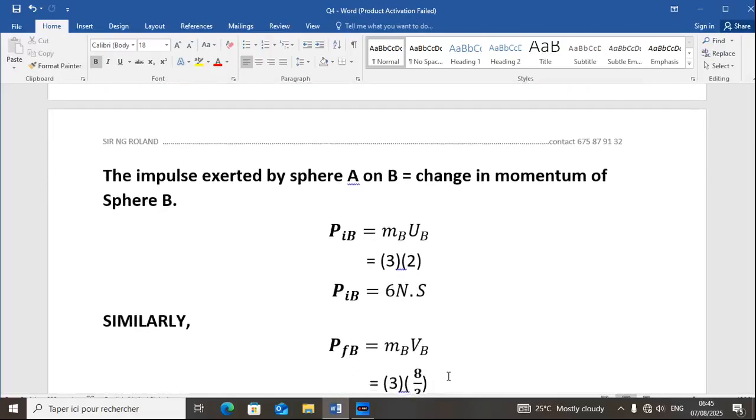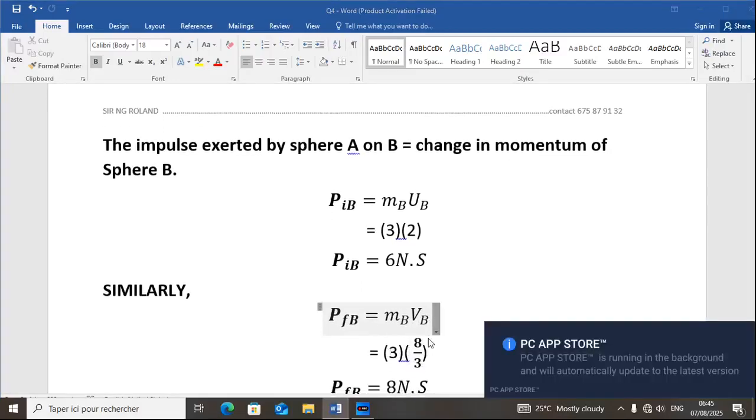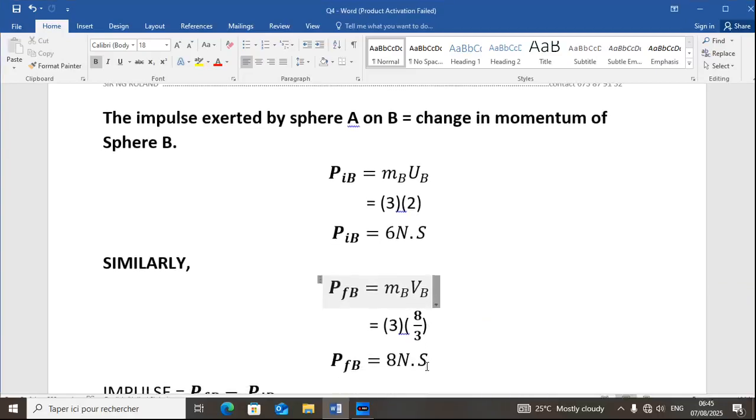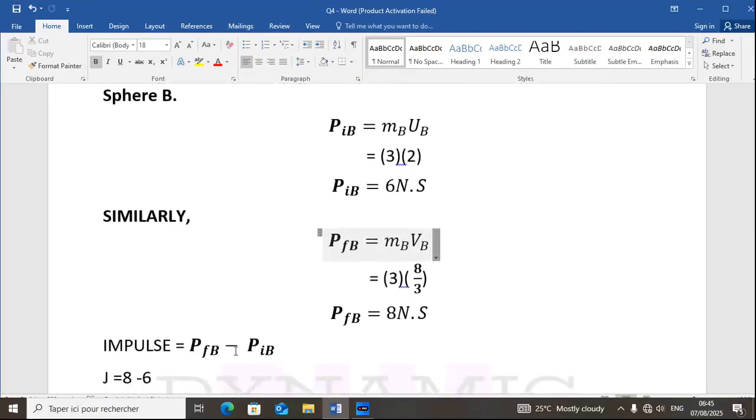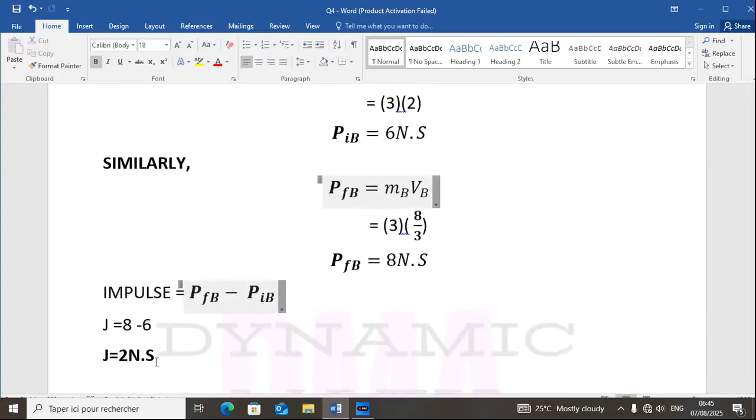The final momentum of B will be the mass of B times the final velocity of B. So we're going to have 3 times 8 on 3, and we are going to have 8 Newton second. So the impulse will be equal to 8 minus 6. That's 2 Newton seconds.